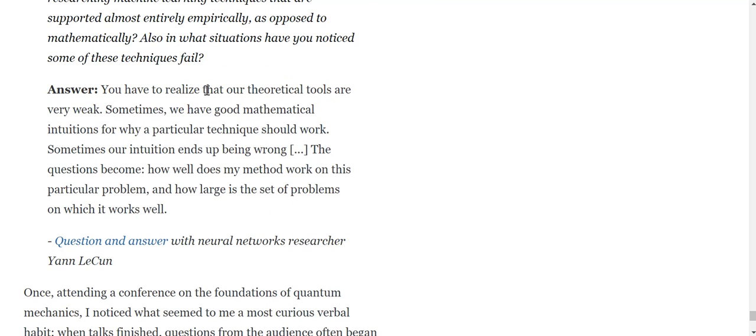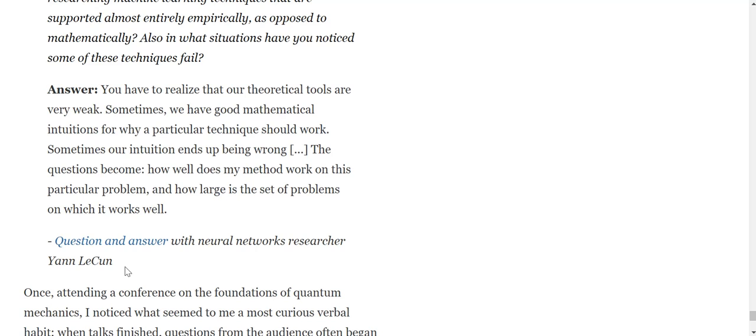All right. So, you have to realize that the theoretical tools are very weak. Sometimes we have good mathematical intuition for why a particular technique should work. Sometimes our intuition ends up being wrong. The question becomes how well does my method work on this particular problem, and how large is the set of problems on which it works well. So this is answered by Yann LeCun. He was one of the authors of the LeNet paper, which was one of the first MNIST classifying papers.